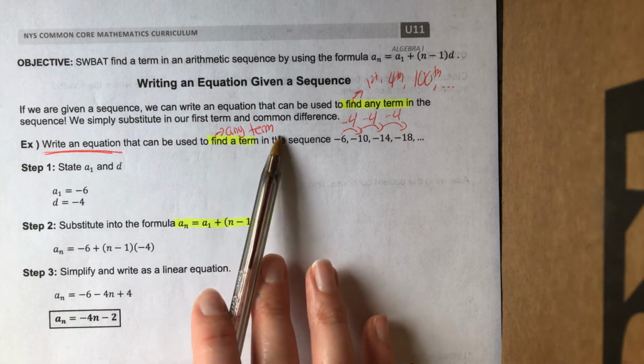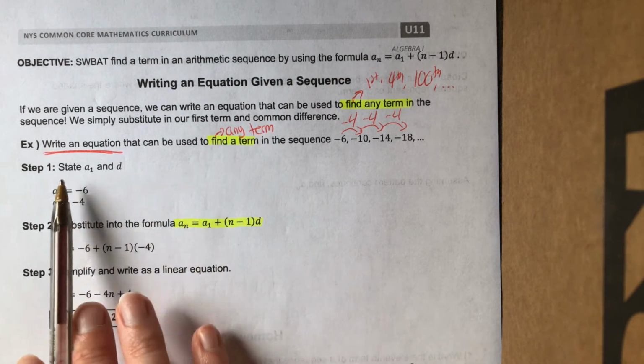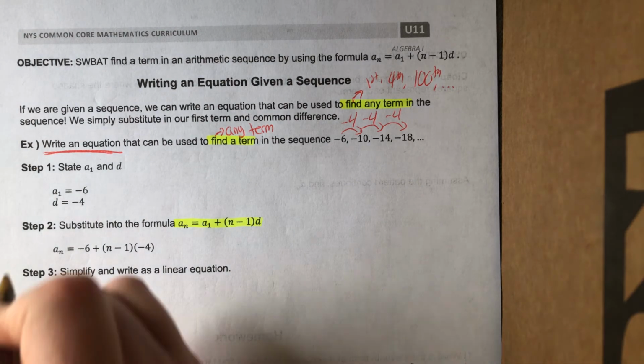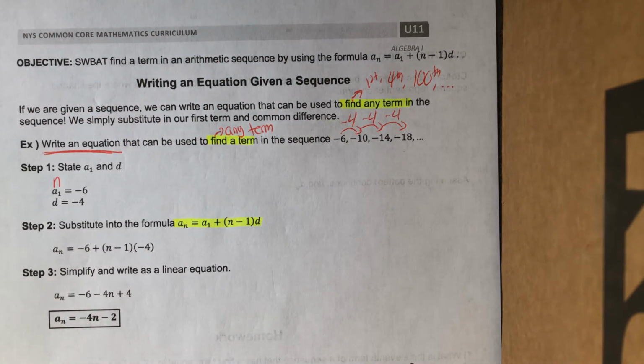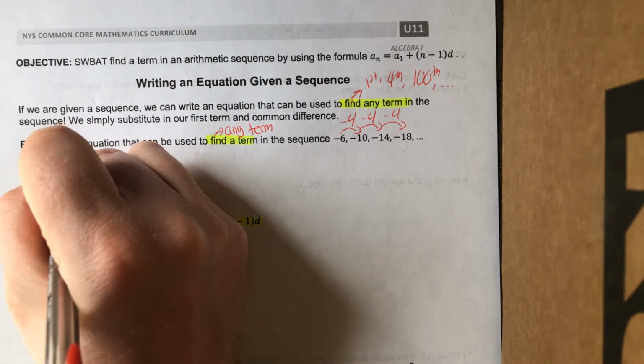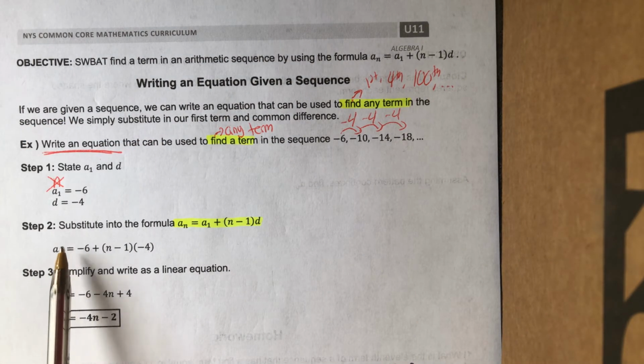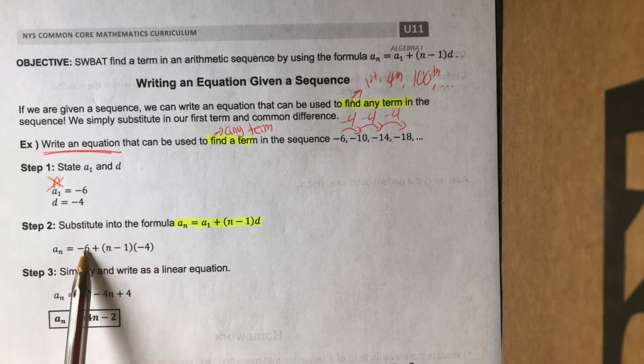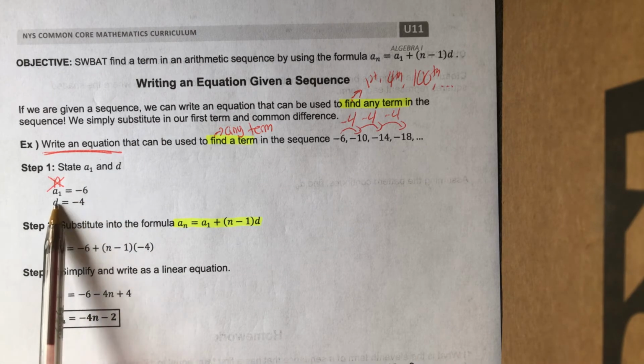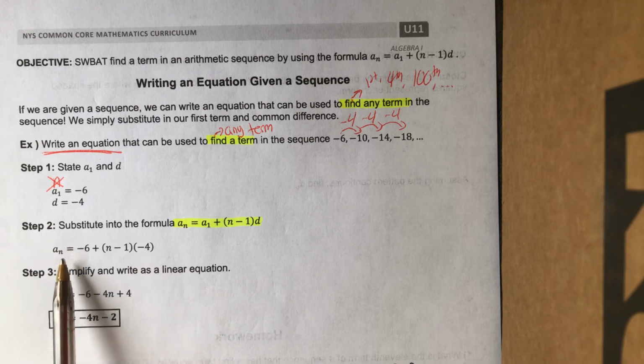It says to find any term. So I'm not going to plug in a number for n. N was usually listed, but we're not going to do it for a question like this. So I'm going to plug in the first term, which is negative 6, and I'm going to plug in the common difference, which is negative 4. The n just stays by itself.